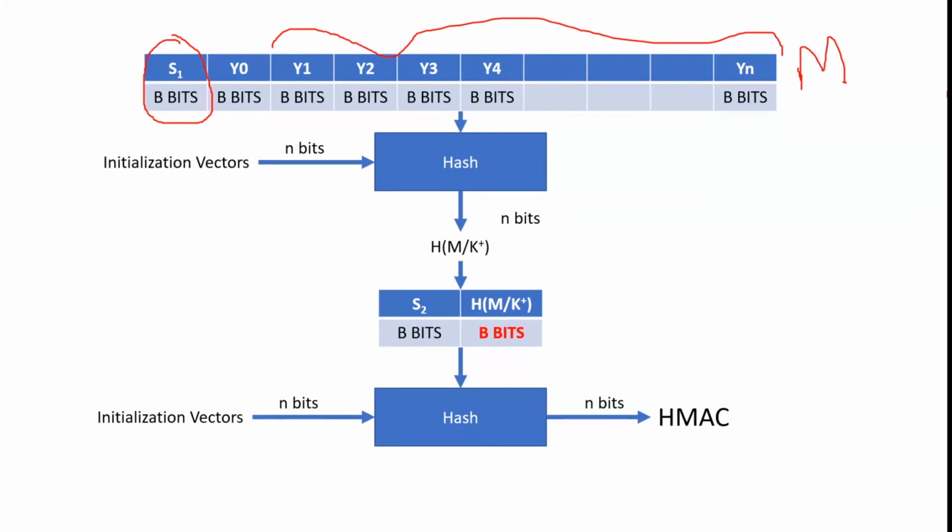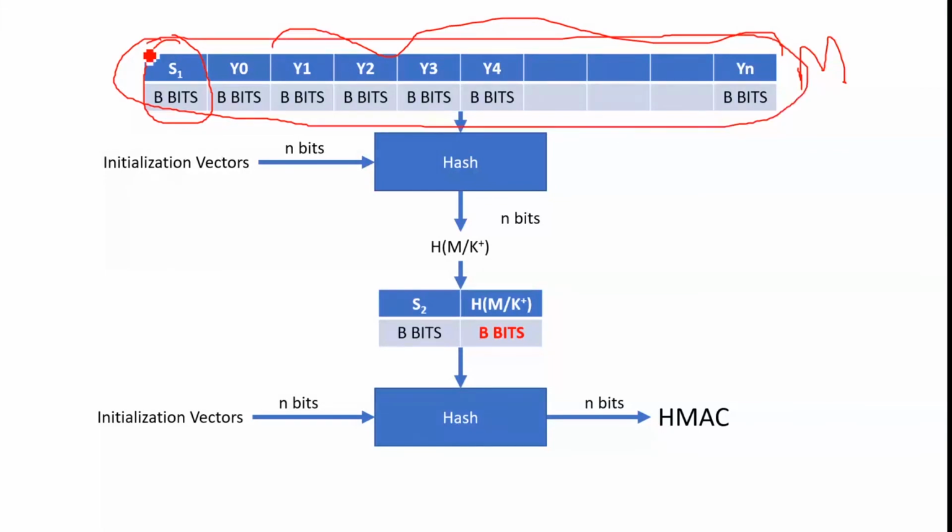So these y0, y1 till yn represent the same blocks. Fine. Next, we pass the entire message. Now the new message that has formed is this. After appending it with S1, we pass the entire message into a hash function.